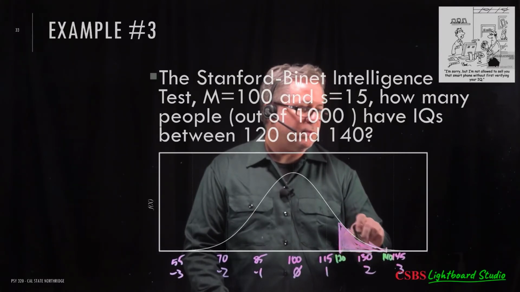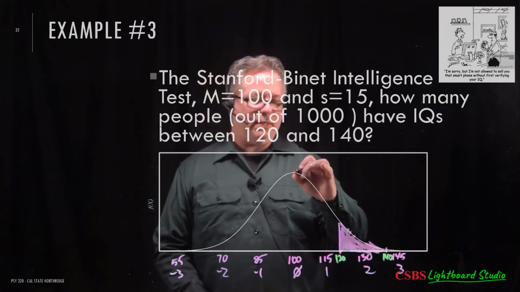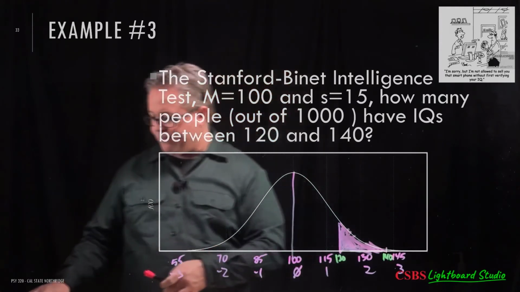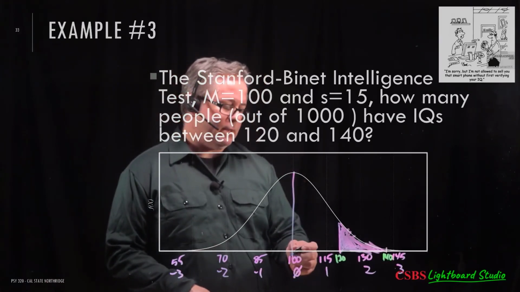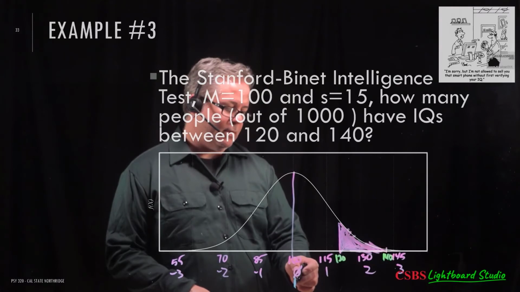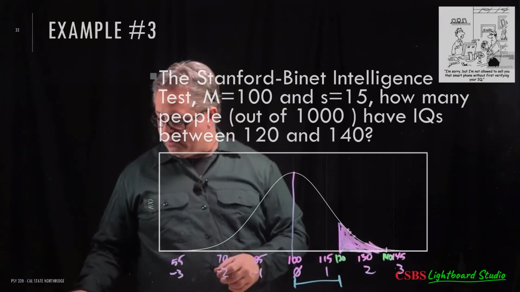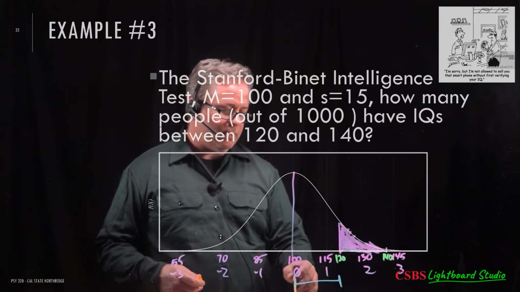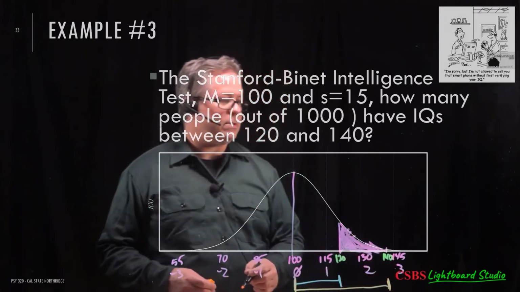The way I'm going to do that is to look at the mean to z value. I want to find the area that goes from the mean to this score, and also the area that goes from the mean to that score.